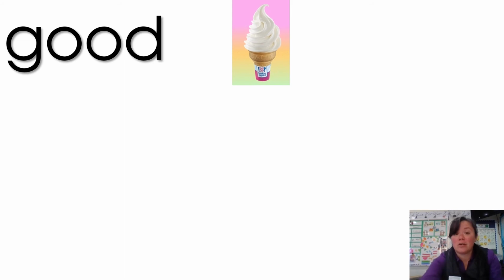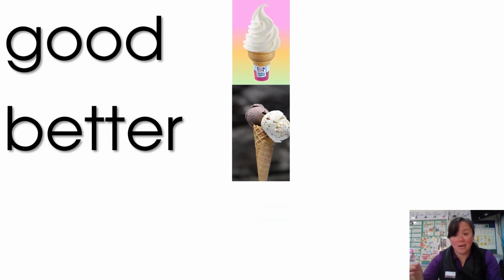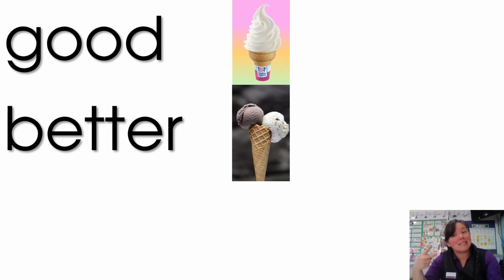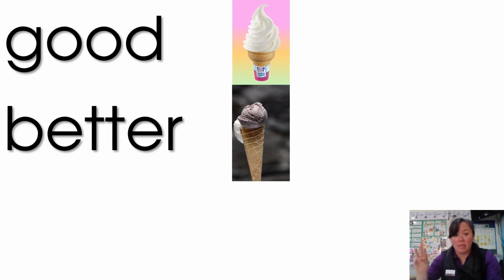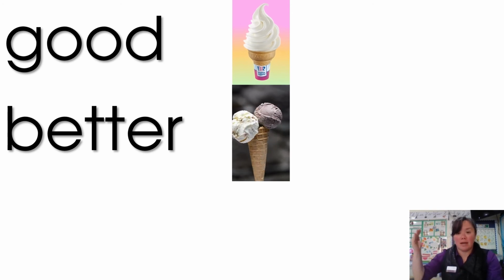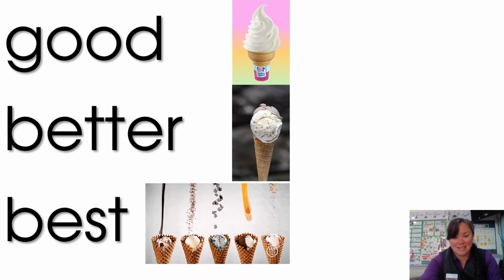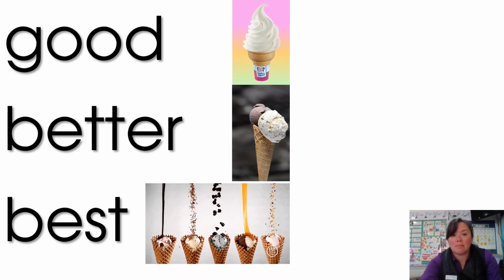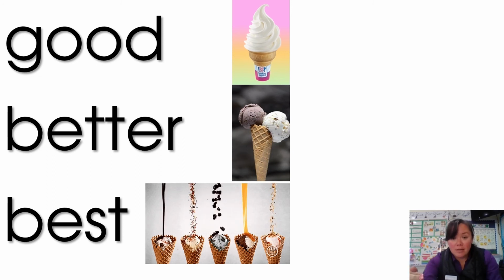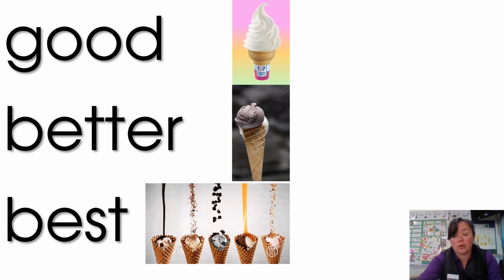So we're going to use the word better. So the top ice cream's good, but the second one, it's better. But what if I'm comparing more than one thing? Or what if I want the ultimate of it? Good, better, best. So we don't want to say it's more better. We don't want to say gooder. We use good, better, and best. Those are the appropriate words to use.